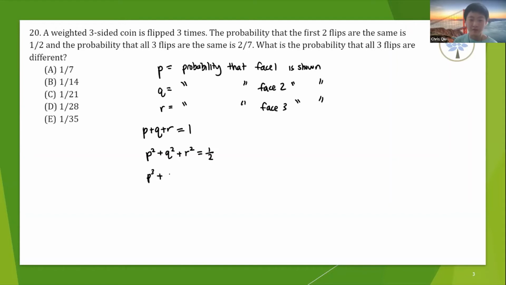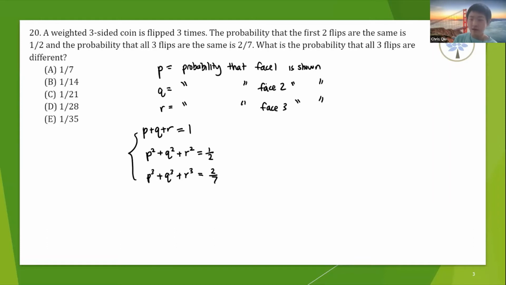Next, the probability that all 3 flips show face 2 is going to be Q cubed. And lastly, the probability that all 3 flips show face 3 is going to be R cubed. This is equal to 2/7. So now we have a system of 3 equations and 3 variables.